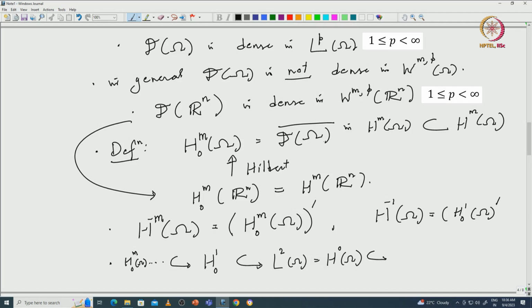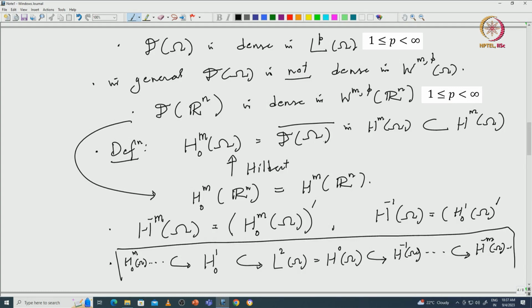Here you have H^{-1} of Ω, and H^{-m} of Ω like that. Note that these spaces are not function spaces, these are all dual spaces.